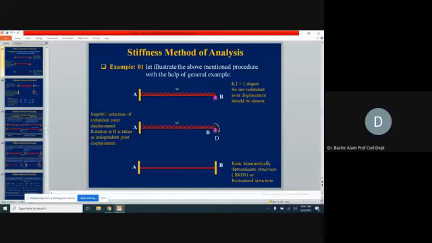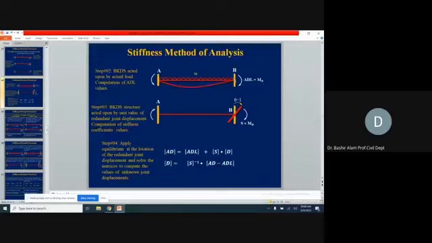So on the next slide, we show this restraint structure under the actual load W. What will happen? It is going to deflect this way. And at B, we are getting a moment. Whatever fixed end moment is coming here, that is becoming our ADL value.